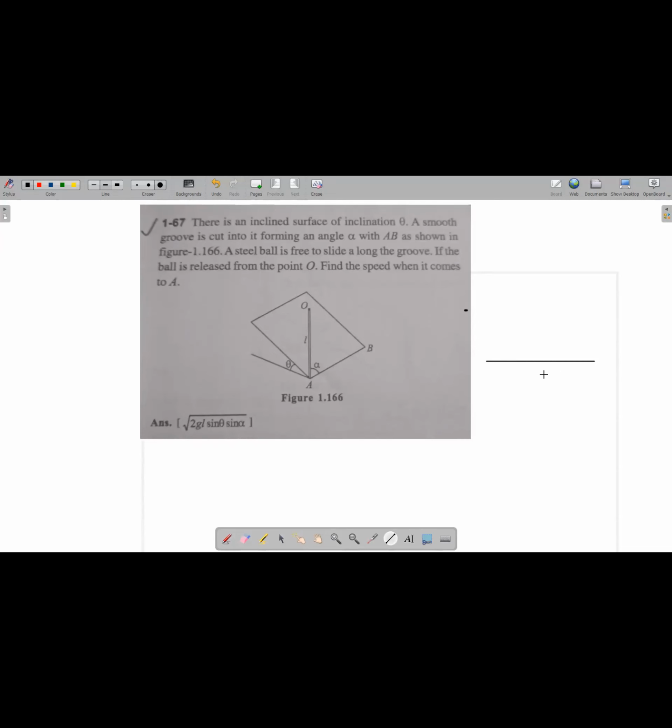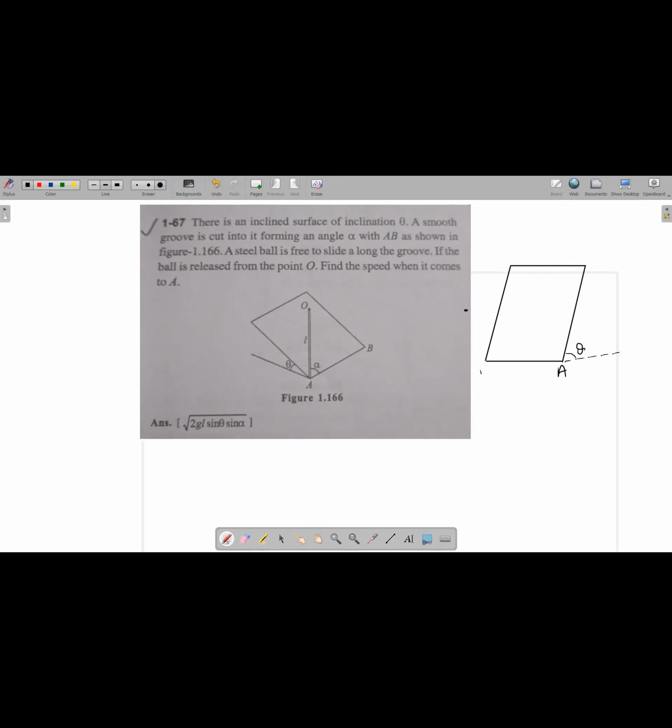Suppose, let me reverse this diagram. This is your plane, and this makes angle theta with the horizontal, right? Is it a 3D figure?